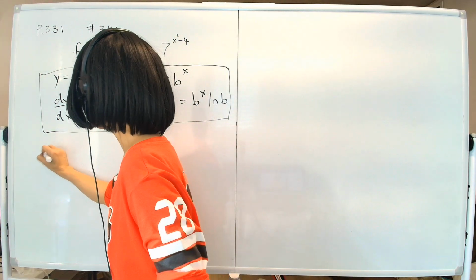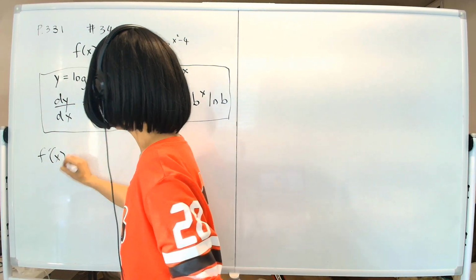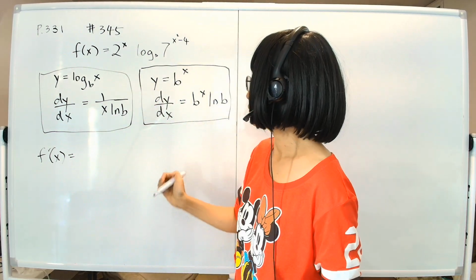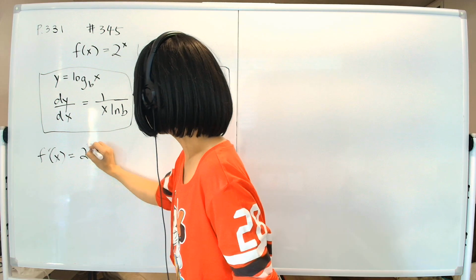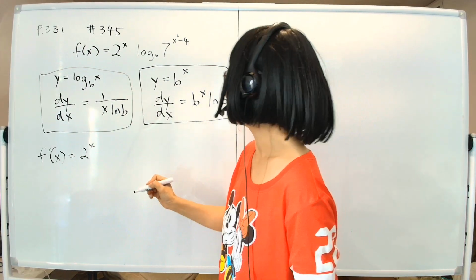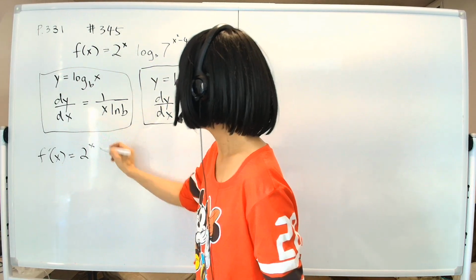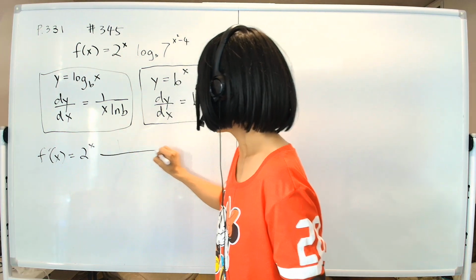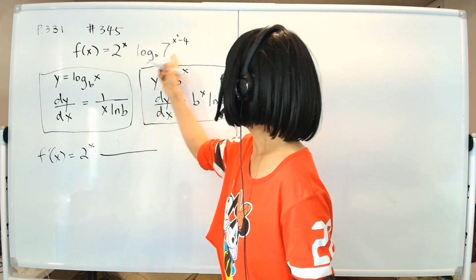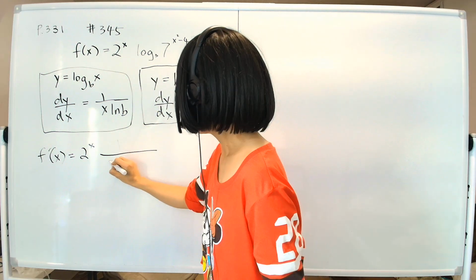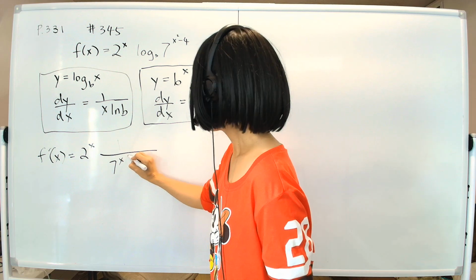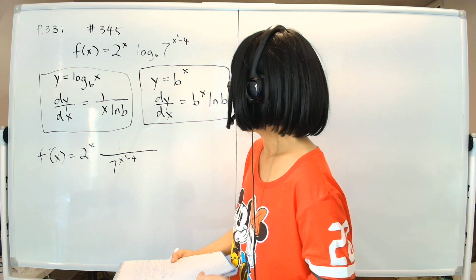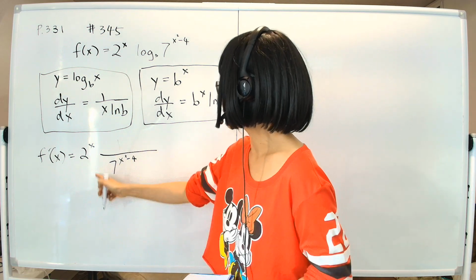f prime of x, therefore, equals, this is a product, so we'll take the first term times the derivative of the second. The first term is 2 to the power x. The derivative of the second, following this rule, is 1 over the thing itself on the bottom, which is 7 to the x squared minus 4, and then times the derivative of this.